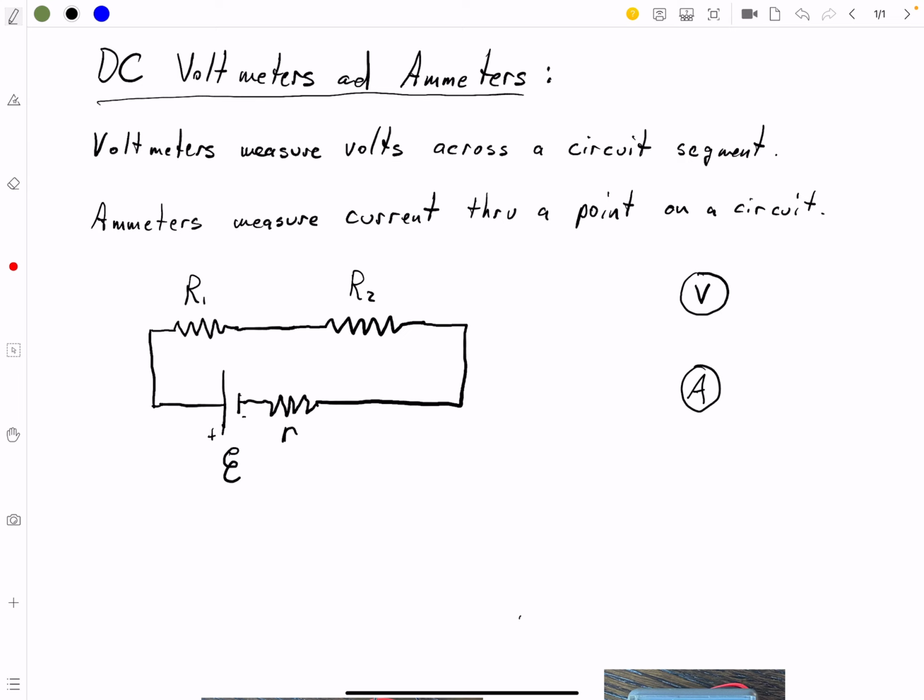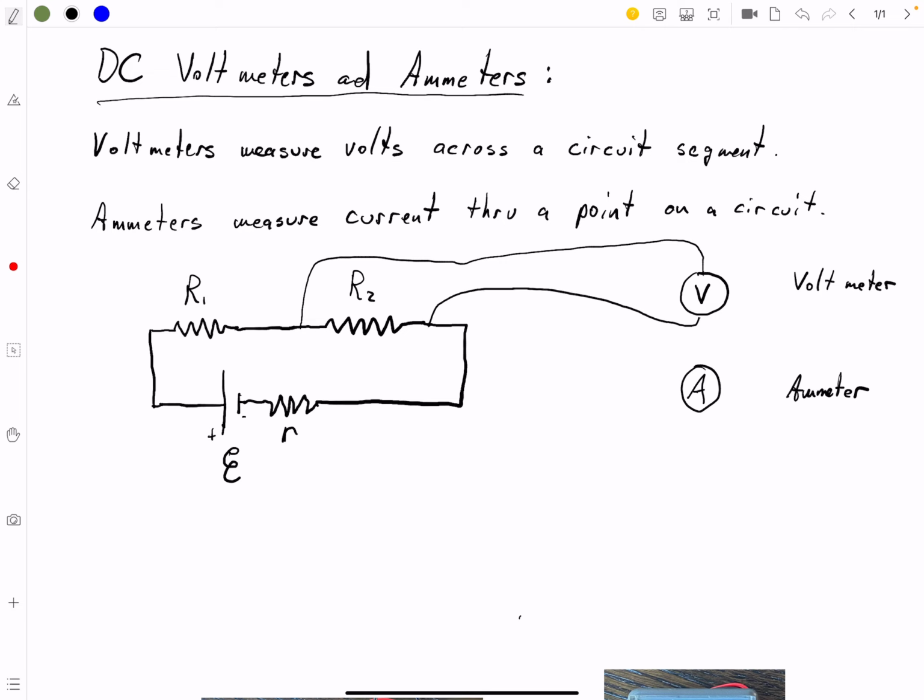So here's what we do. This is a voltmeter. That's the symbol for it. This is an ammeter, which we'll get to in a second. The voltmeter will have leads, a positive lead. Let's do R2. And that one seems easy. And a negative lead.